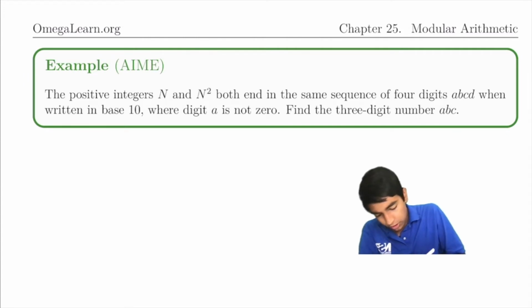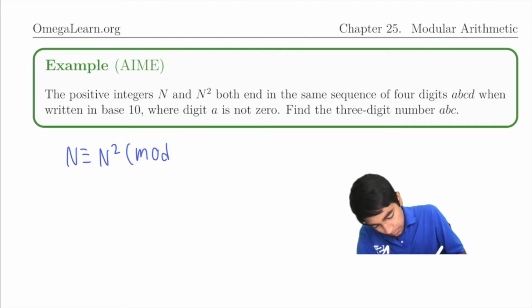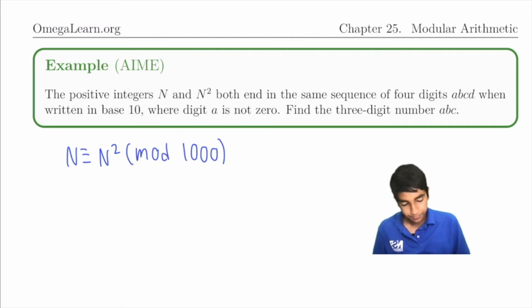First of all, we know that n must be equal to n squared mod 1000. So we're asked to find the positive integer, and you're given that these both end in the same sequence of four digits when written in base 10.